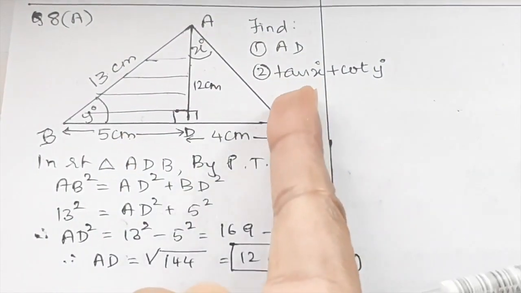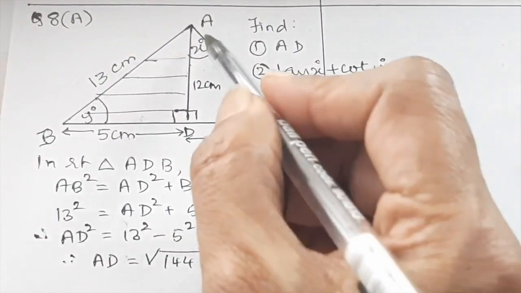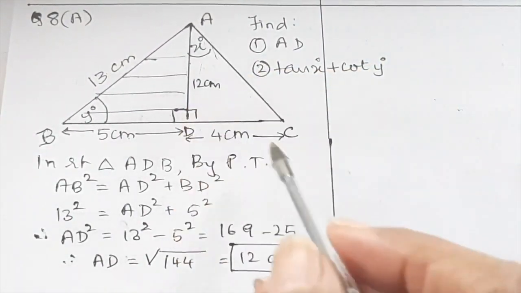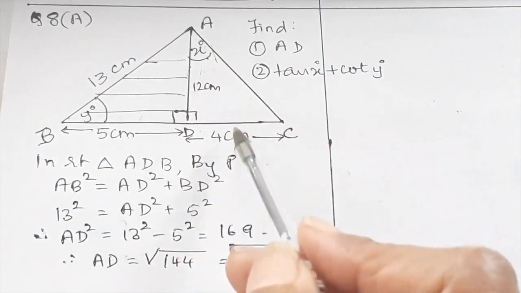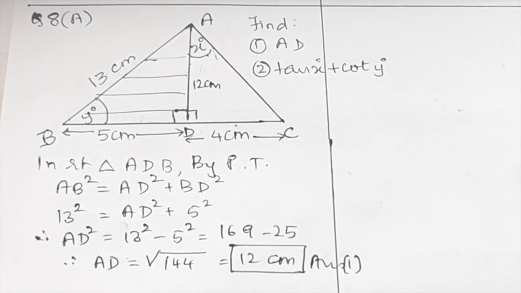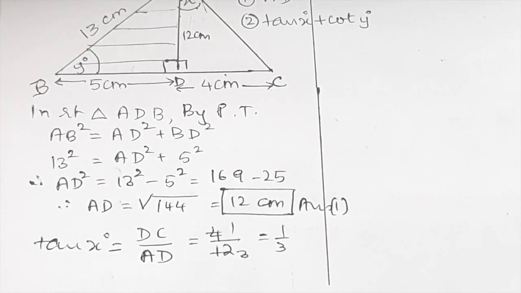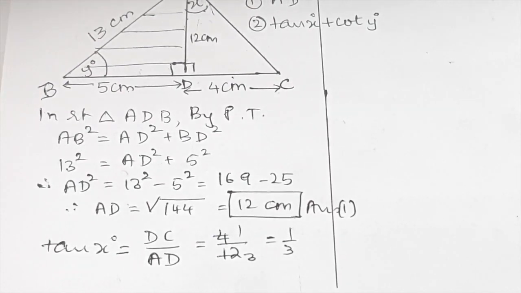Now they are asking us tan x and cot y, these values. So for tan x, we have to take this triangle and tan x will be opposite, that is DC upon AD. Okay, so tan x degrees will be equal to DC upon AD, which is 4 upon 12, which is 1 upon 3.